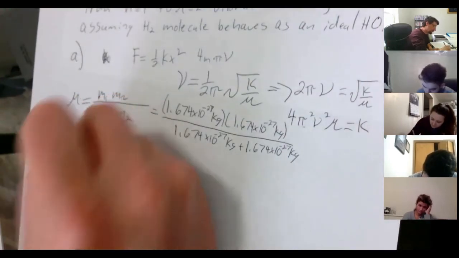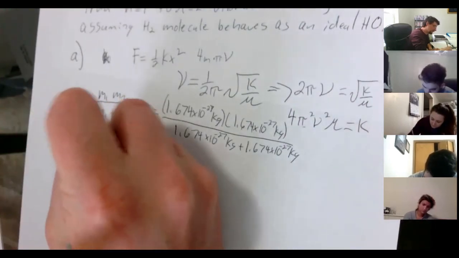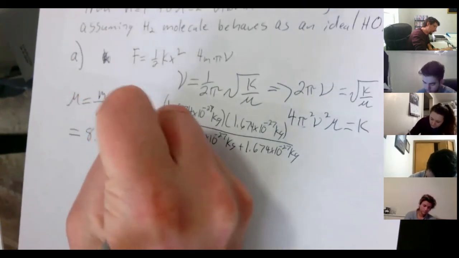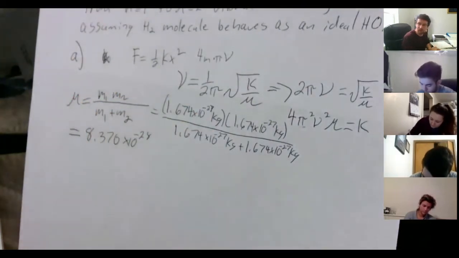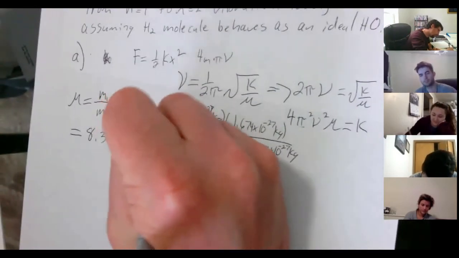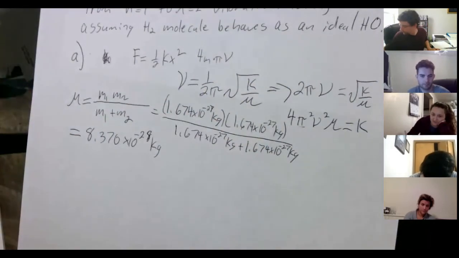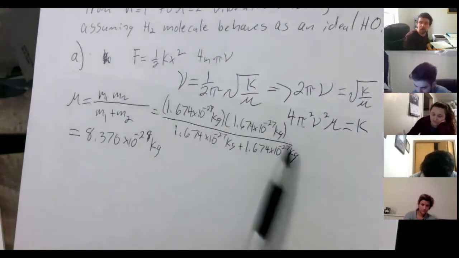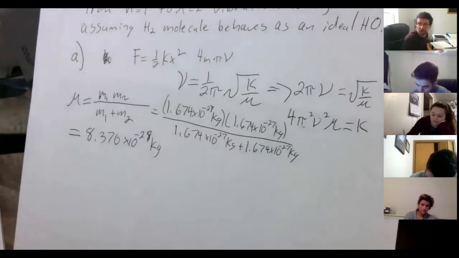Everything divides through, you get 8.370 times 10 to the minus 28. What are my units going to be? Kilograms? Yep, kilograms squared up top divided by kilograms in the bottom leaves us with kilograms.